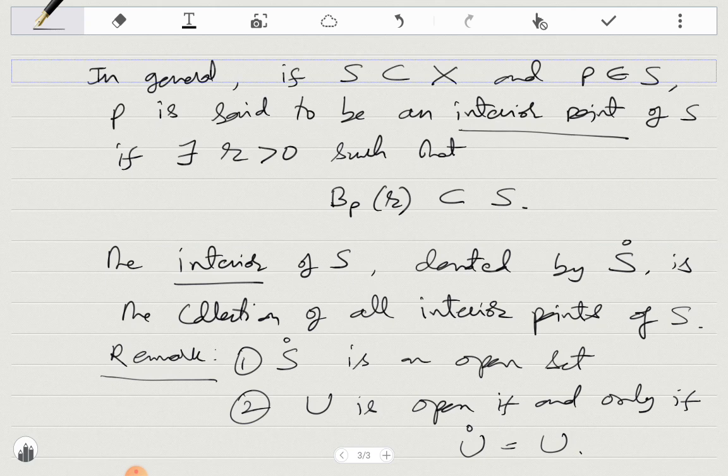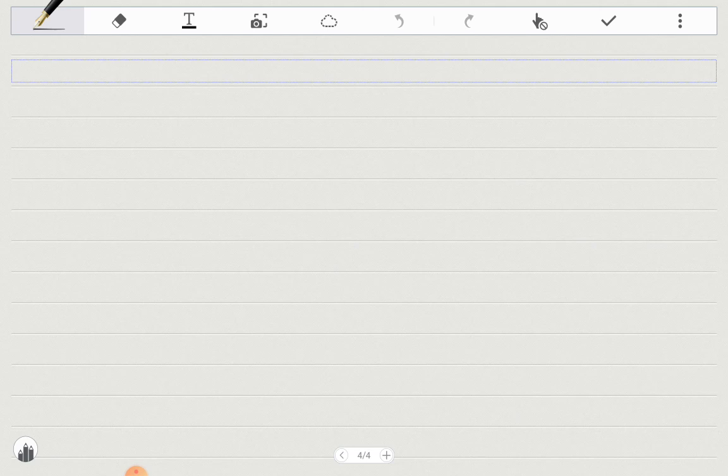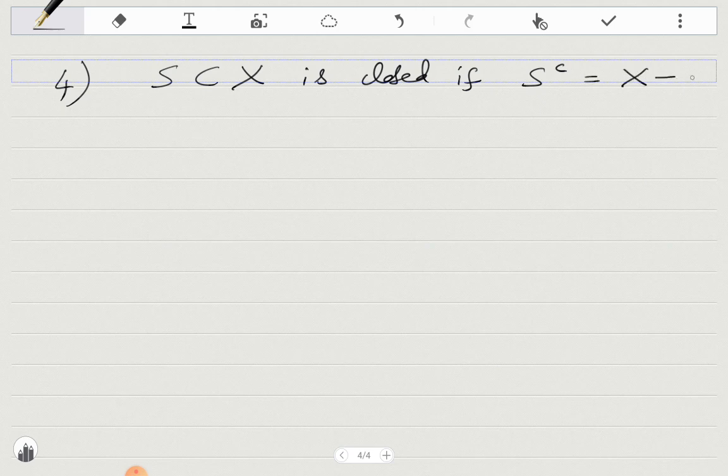Both of these are easy things which you can check. Right, so that was an open set. Next, S contained in X is closed if its complement X minus S is open.